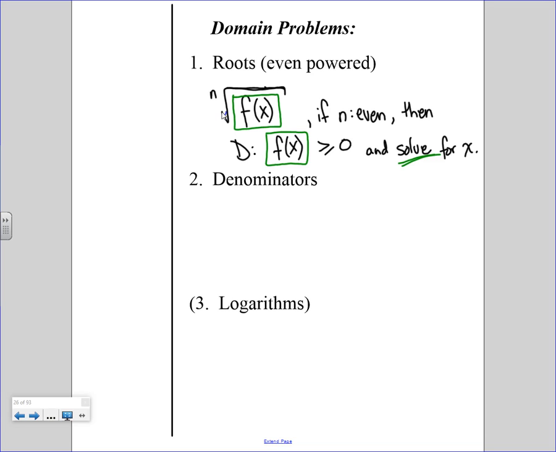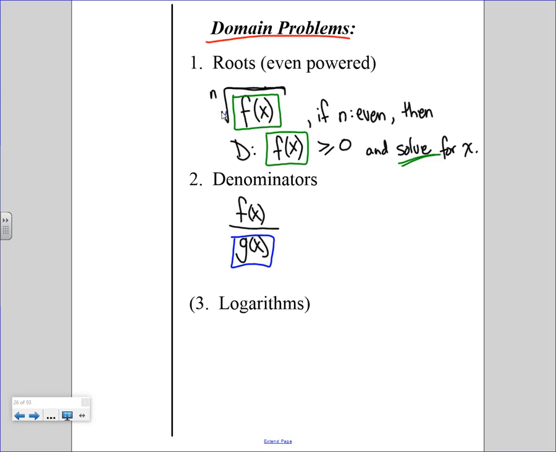Denominators. What if you have a fraction, and in that fraction you have a function on top, and you have a function on bottom. For domain, that's what we're answering, we look at the bottom. That's where the problem can happen. In roots, it can happen under the root, in even-powered roots. In fractions, it can happen in the denominator.